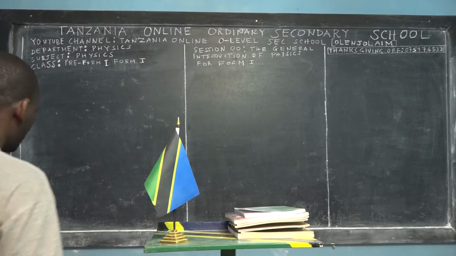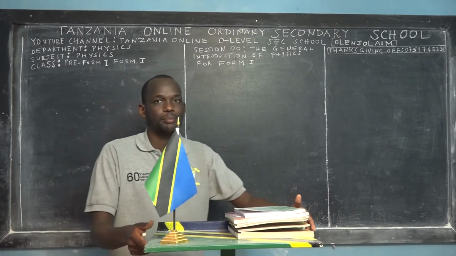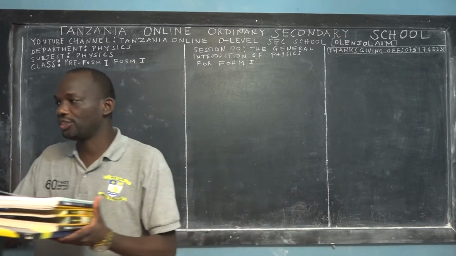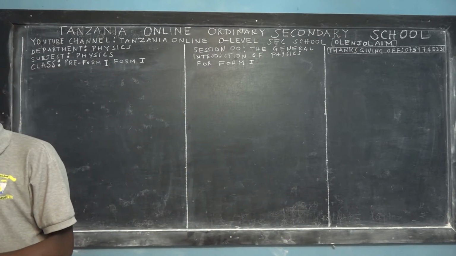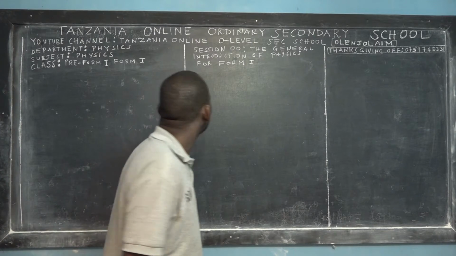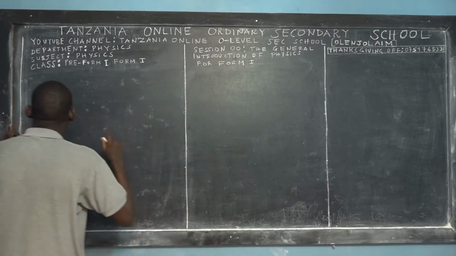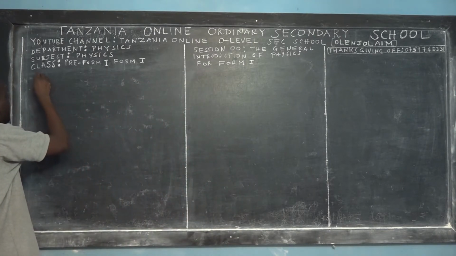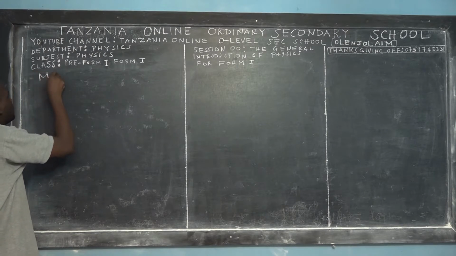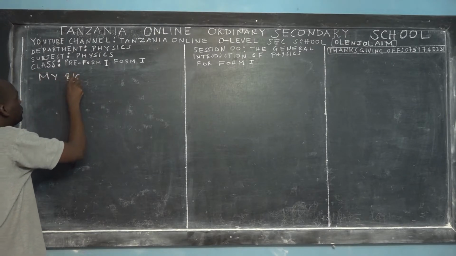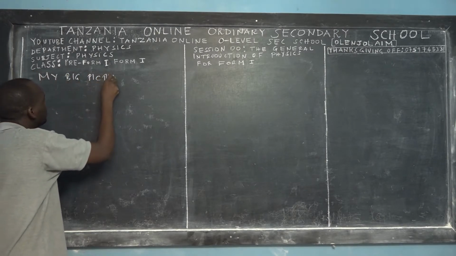So let us go to the next part of this general introduction of physics for Form 1. The second part which I want to share with you is one of my favorite parts, my big picture. You should have a big picture of physics in your mind.